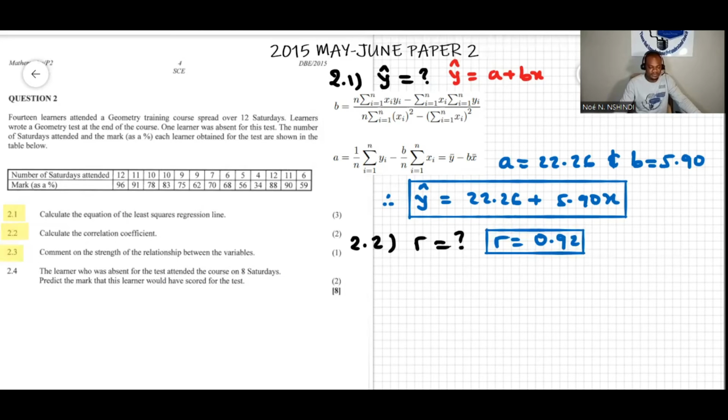So here in 2.3, I say 0.92 is a very strong positive relationship.